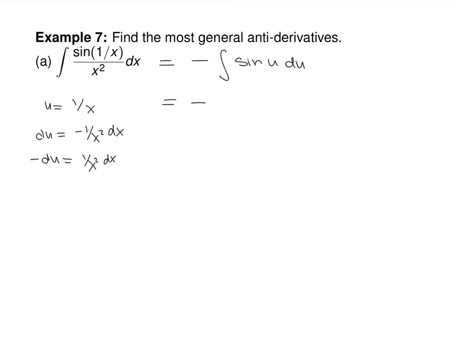So is the antiderivative of sine regular cosine or is it negative cosine? It's negative. I need plus c, so the negatives cancel, giving you positive cosine plus c. And because this is not a definite integral, you have to insert what u is. So this is cosine of 1 over x.